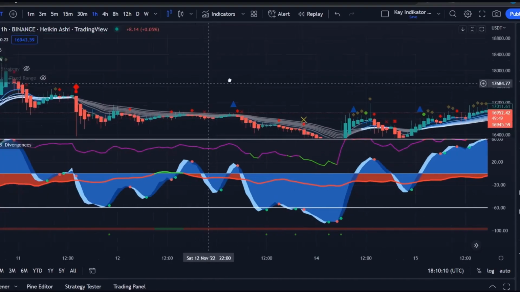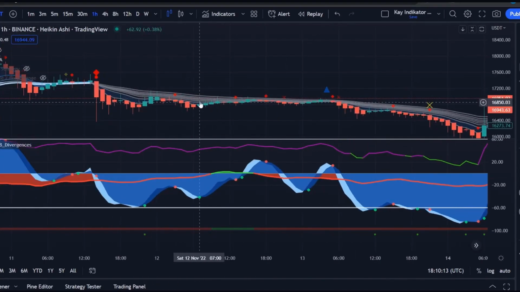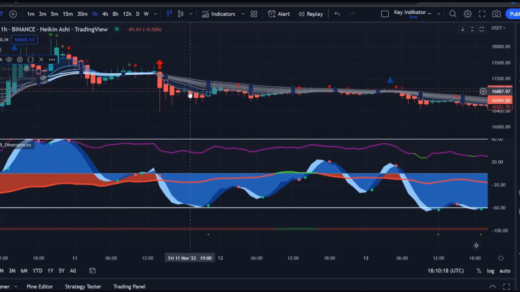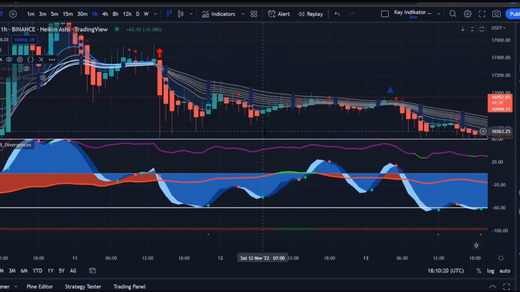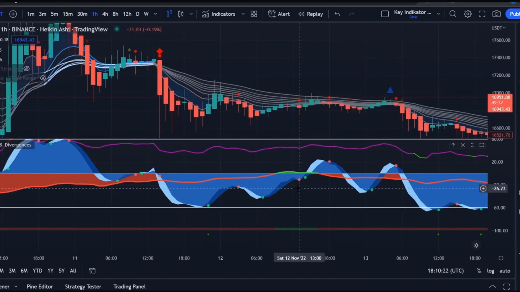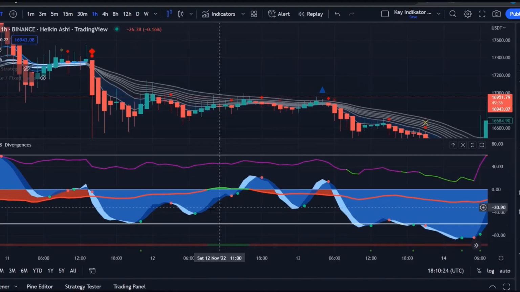But, and you can see it here as well, as long as these two lines are so close together, you should be a bit cautious because that's consolidation. That's shown to us very, very clearly. You can also see very clearly on the market Cipher B that with the oscillators, with the momentum oscillator, we never cross above this white line up here or below it.